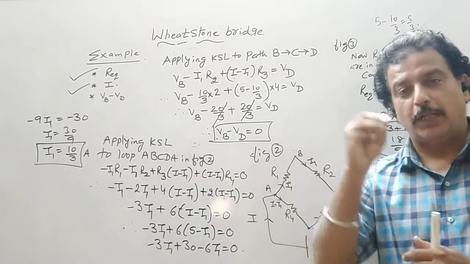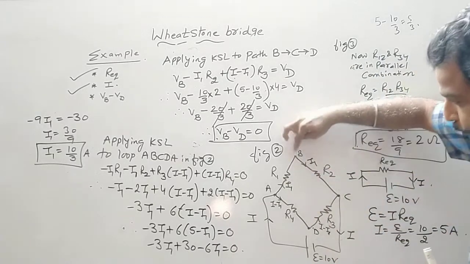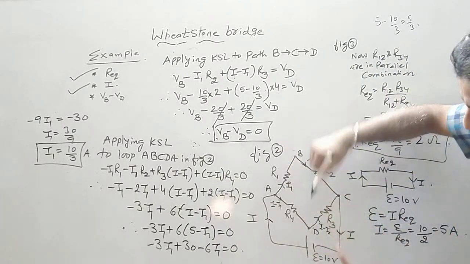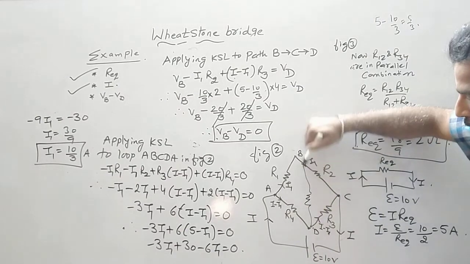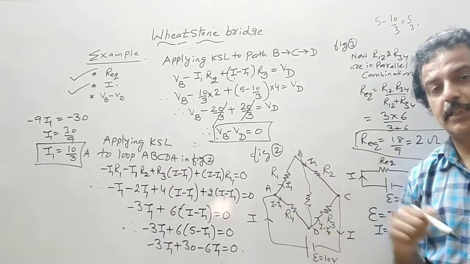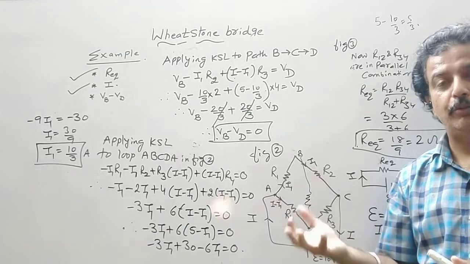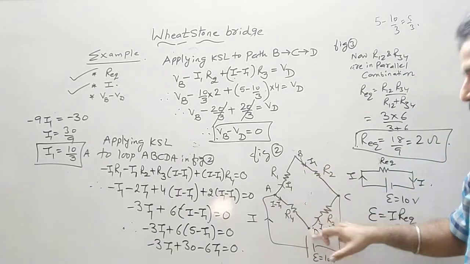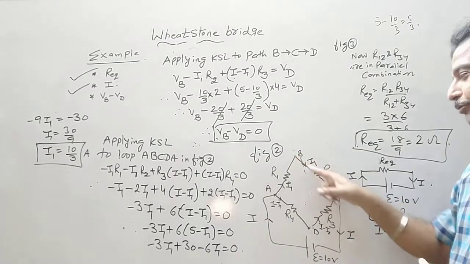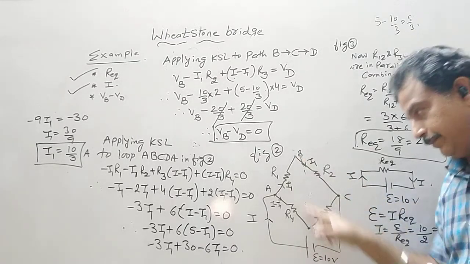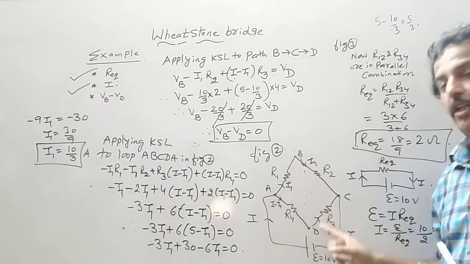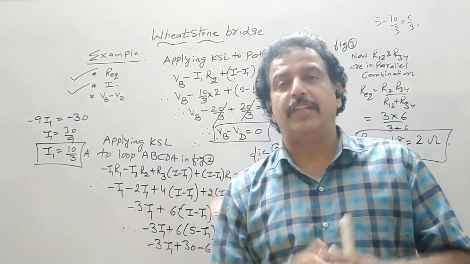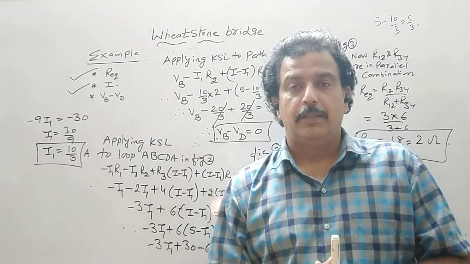So when the bridge is balanced, we need to understand one thing, that the potential at B is equal to the potential at D. So this R5 was ineffective. It has no significance in the circuit because current does not flow in this arm, because the potential was the same, and we know that the current will flow only if there is a potential difference.